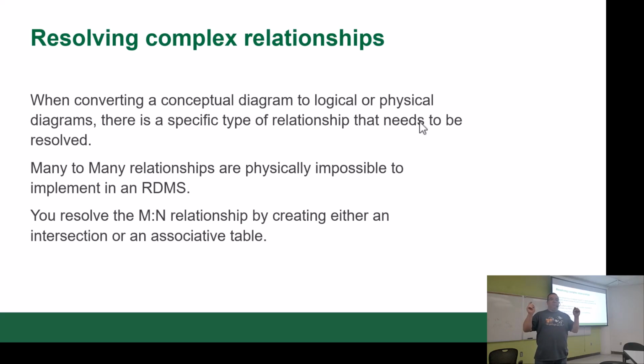When we talk about many-to-many, they are significantly more complex to deal with because they're physically impossible in pretty much all RDBMS systems. We're not talking about NoSQL non-relational systems, because those don't care what you do with the data. You take data, you put it in there, and it goes, cool. It doesn't even understand the data. It doesn't care to understand.